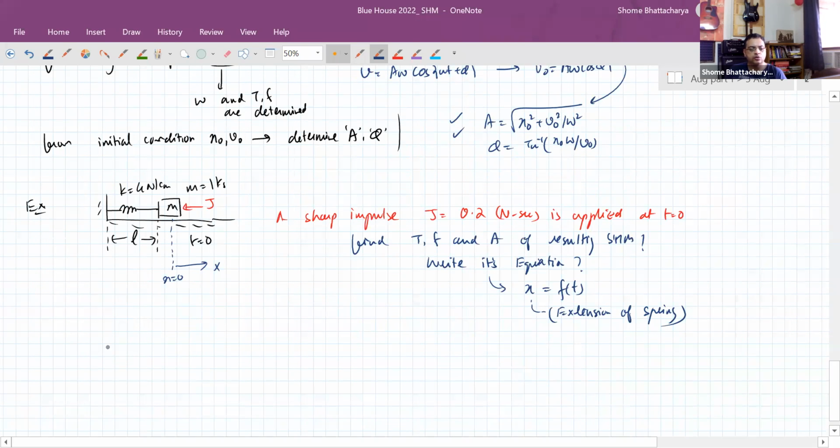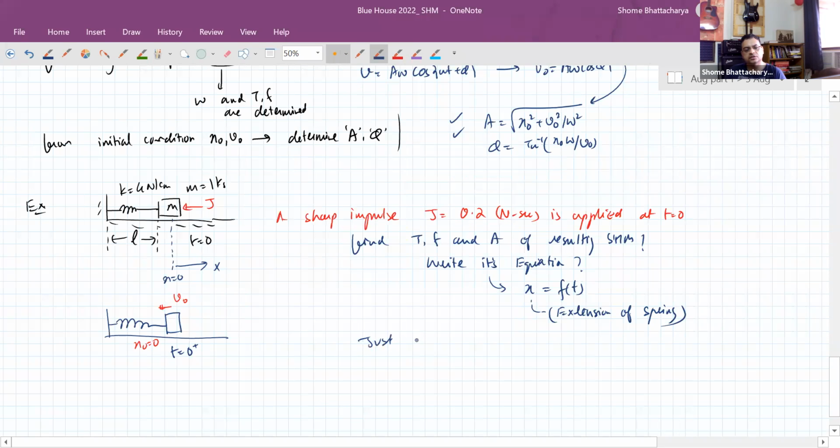Okay, so what will be the velocity of the block just after the application of the impulse? As the motion starts just after t equal to 0, so we can say 0 plus. We'll have a velocity in this direction, but x naught will be 0 because it's starting from the natural length position, right?